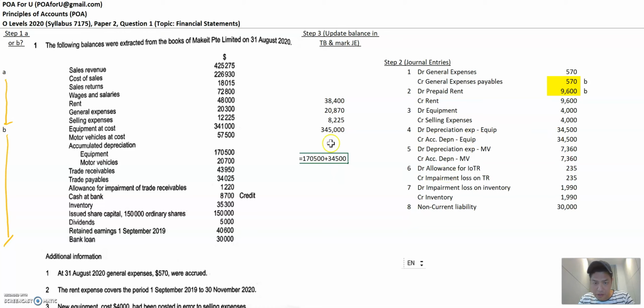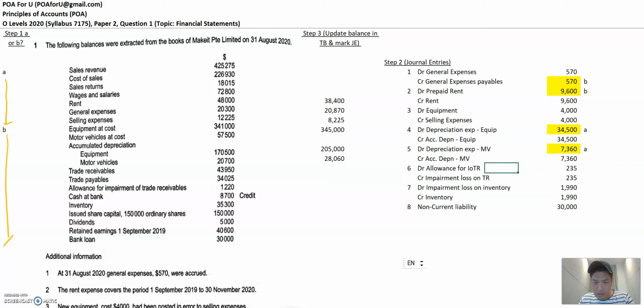Because accumulated depreciation will go up, and then I'm going to mark this as a new item, right? And this goes to A, right? And then the next one is motor vehicle. It's equals to 2,700 plus 7,360. This is the new balance, and I'm going to mark this as a new item, A.